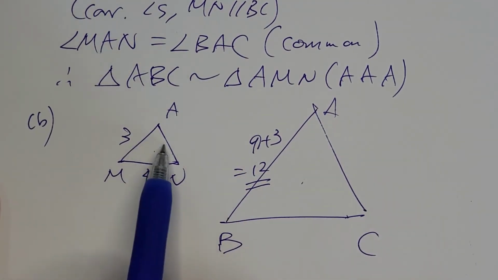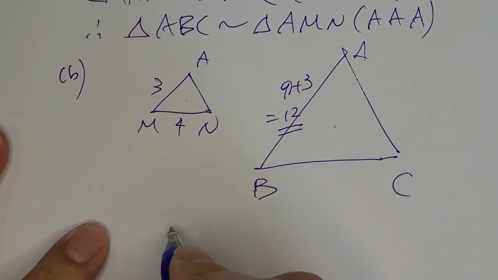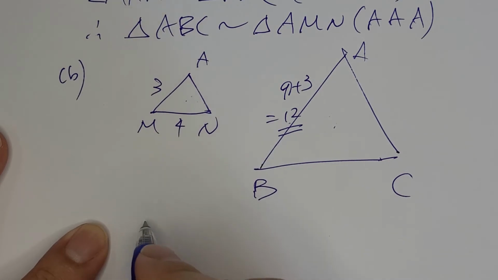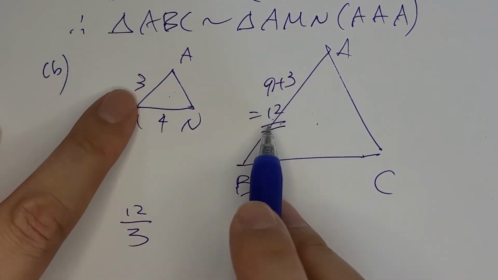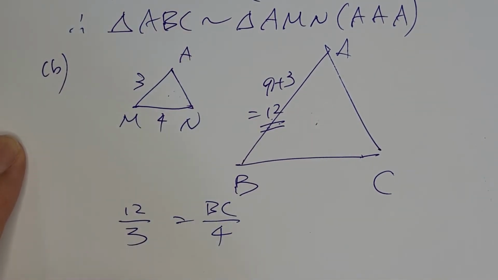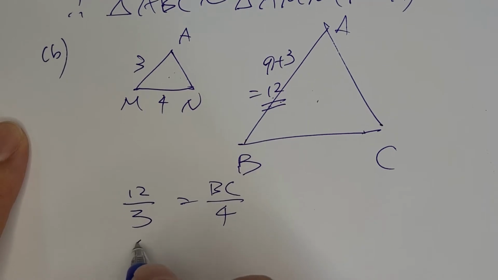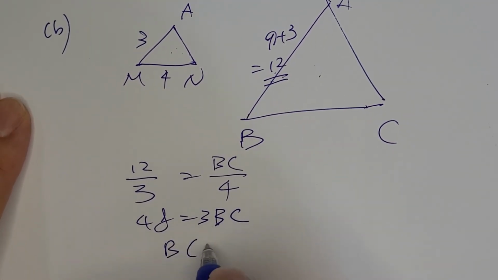When you know that these two triangles are similar, their length ratio would be the same. So 12 over 3, not 9 over 3, but 12 over 3 will equal BC over 4. Alright, so 48 equals 3 times BC, and BC will be 16.